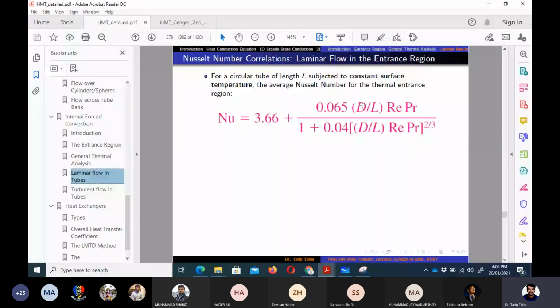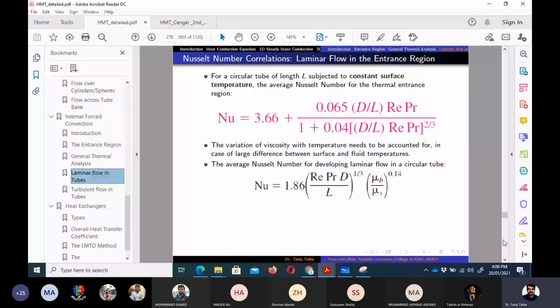And then if we want to include the effect of the viscosity difference at the surface of the pipe and the bulk mean, which is the arithmetic mean of viscosity at the inlet and outlet, then we can include it in the relation. Again, all these relations are empirical correlations for the entrance region.